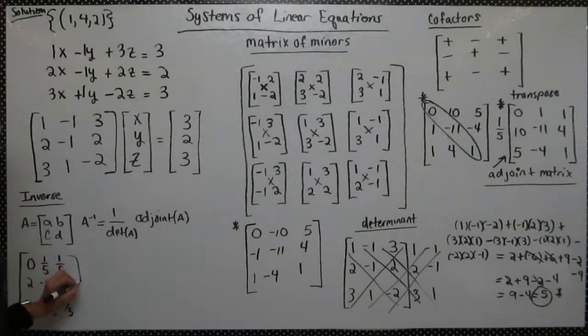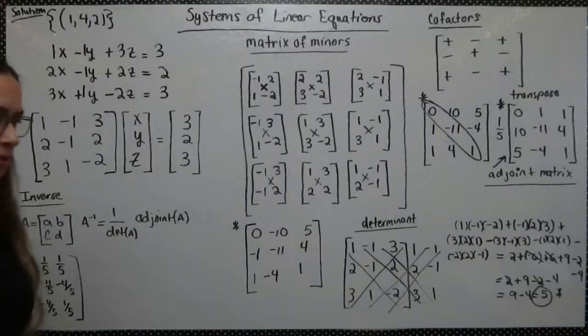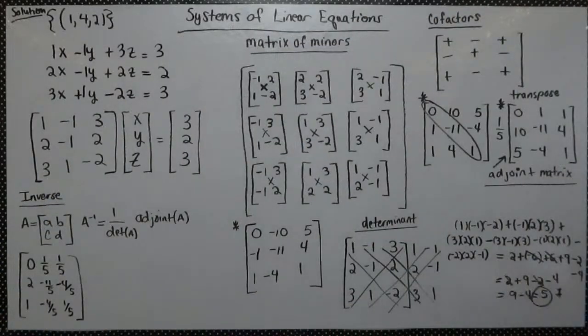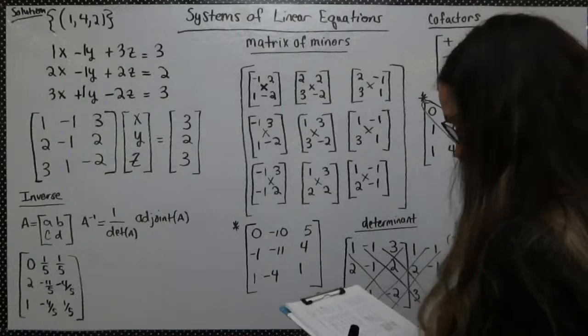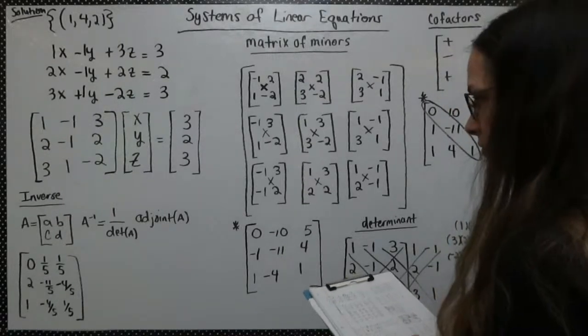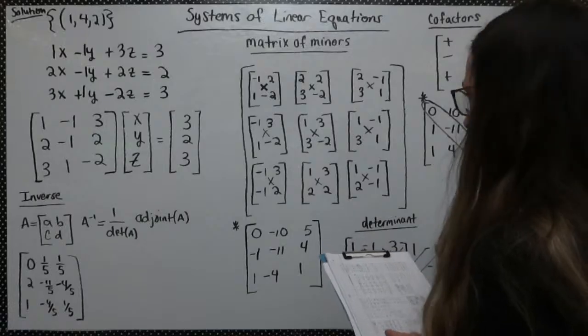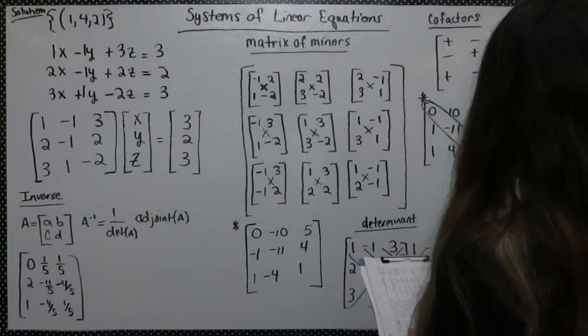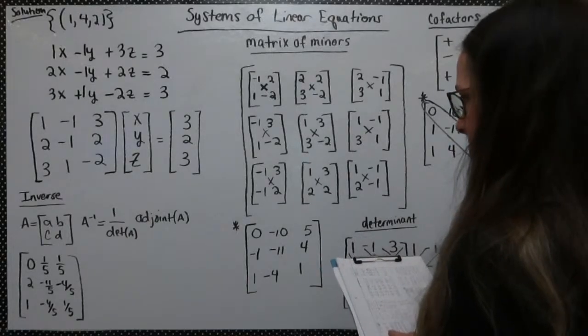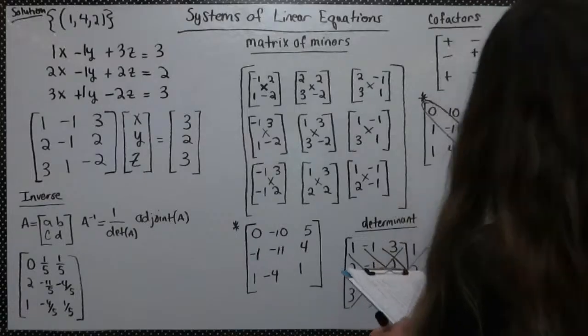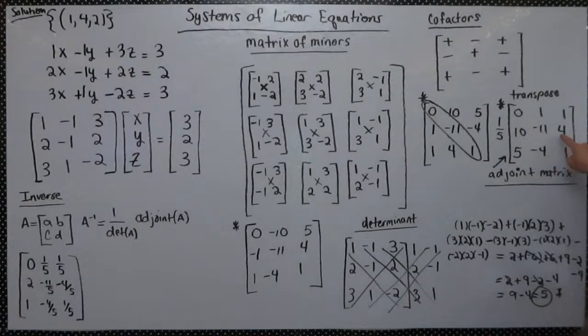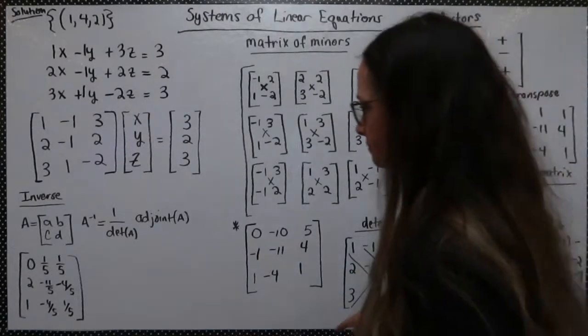All right. So let's just double check, make sure I'm still doing good. So we've got 0, 1/5, 1/5, 2, -11/5, 4/5. Wait. This right here is positive.